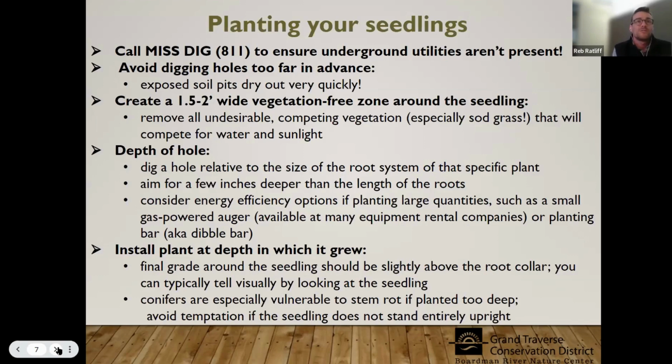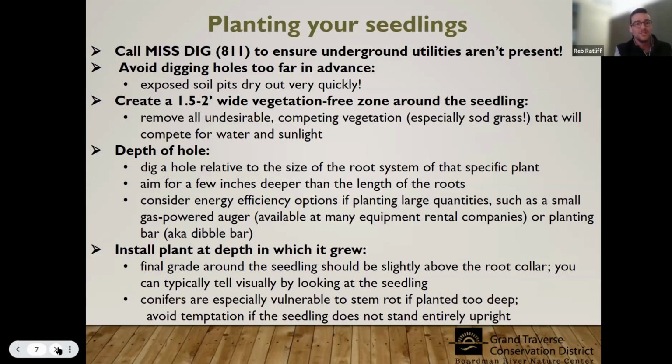Also, avoid digging holes too far in advance. Again, that just goes with moisture loss. Even if you plan on watering your seedlings in immediately after you plant them, there's a lot of evaporation that's going to occur out of that soil pit as you dig the hole.